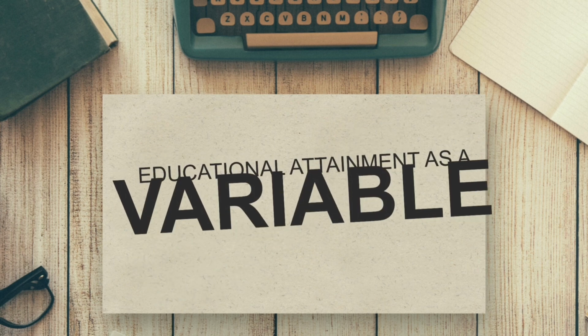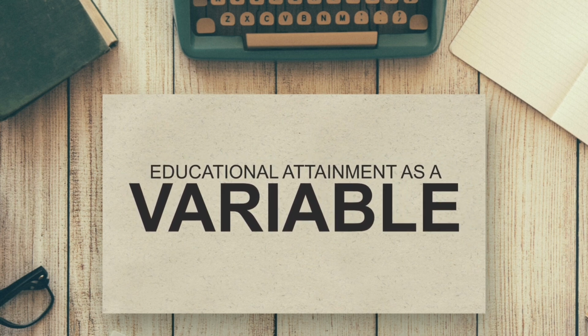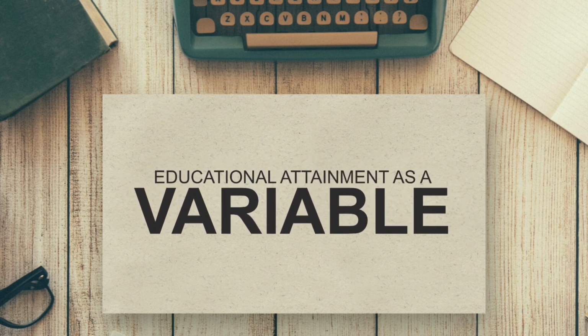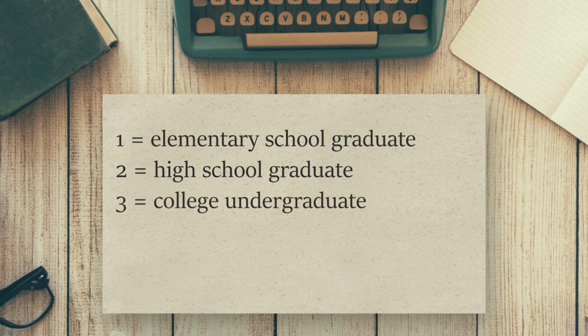Another example is when you use educational attainment as a variable. On your survey form, you might include there 1. Elementary school graduate, 2. High school graduate, 3. College undergraduate, 4. College graduate, or 5.